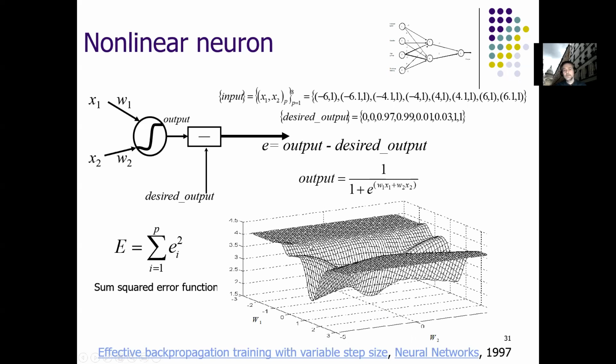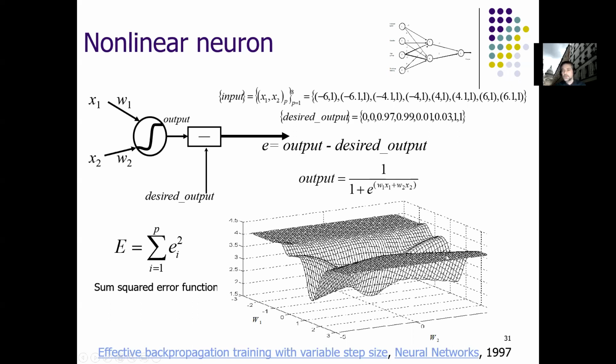But you see what happens. There are also areas where the error is flat, like these areas. No matter how I change the weights here, you remain in a flat area where the error is not going to change much. And there are also valleys, here, which lead to local minima, actually.